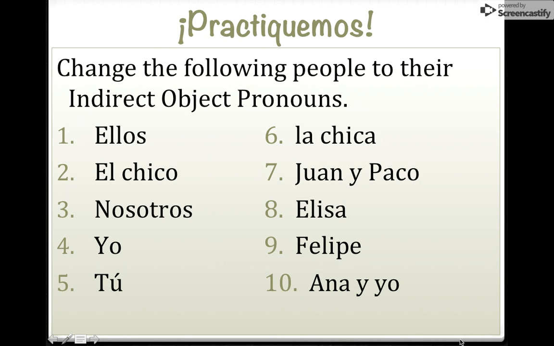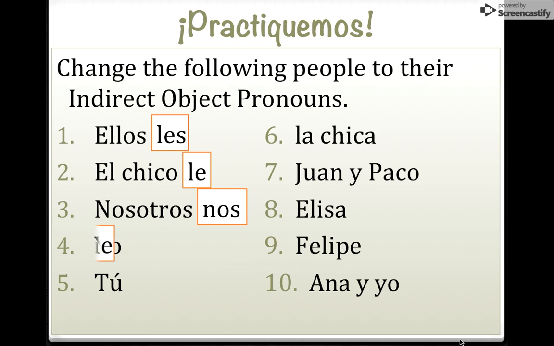Okay, so vamos a practicar un poco más. We're going to change the following people to their indirect object pronouns. Just like what we did last week with direct objects, we're going to do the same thing with indirect objects. Ellos will turn into les. Él will turn into le. Nosotros would be nos.